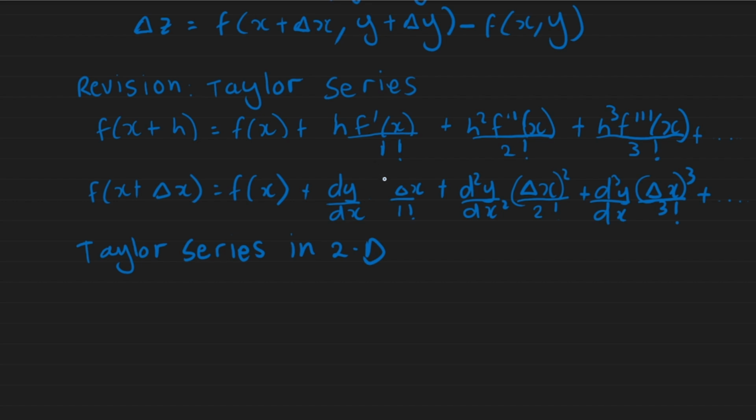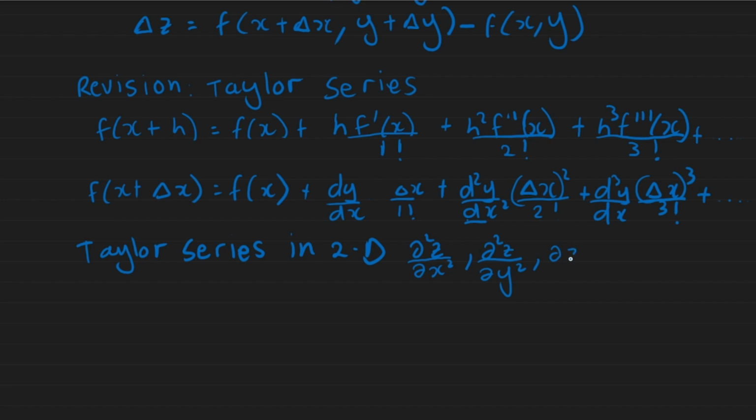So for the second derivative, we won't just have the derivative with respect to x, we'd have the derivative with respect to x and y. So we'd have the second derivative ∂²z/∂x², we would have ∂²z/∂y², and also we would have the mixed partial as well.